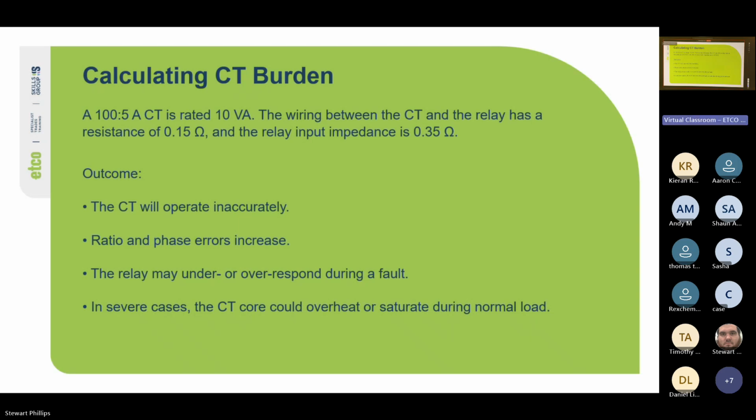So what are two ways we could reduce the burden on this CT?